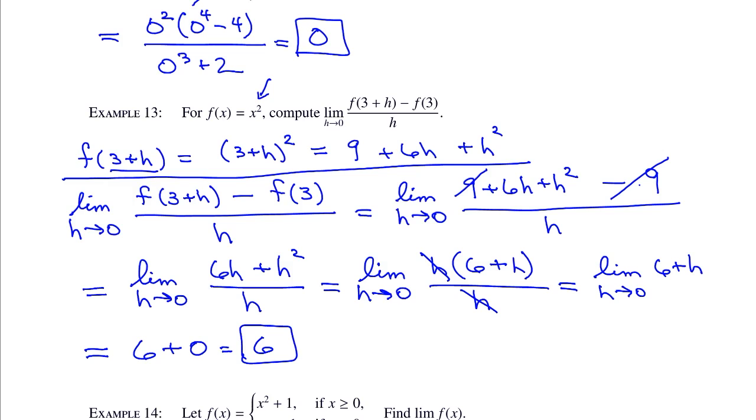Questions? Okay. Something I want you to notice about the way these things are being written. I am always writing limit as x goes to whatever or h goes to whatever until I actually make the evaluation. That is the proper way to do it.